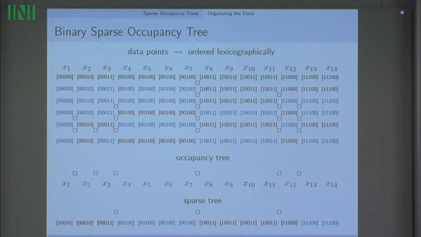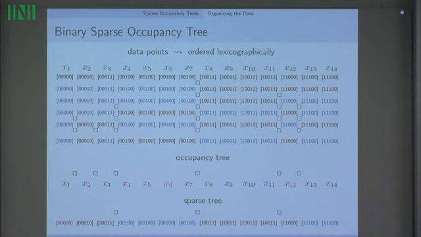The first split is here. This part starts with 0, this part starts with 1. Then we have the next split, and then the next split, and so forth. So we have an occupancy tree, which practically has different intervals after the points are ordered, and this produces a tree similar to what we have.